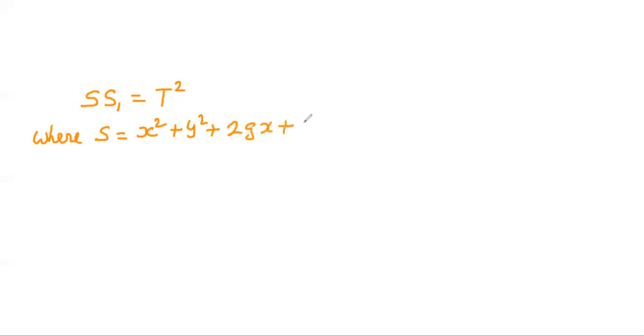So its equation will be S S1 equal to T squared, where you know what S is. S equals the equation of the circle, x squared plus y squared plus 2gx plus 2fy plus c equal to 0, it is c.